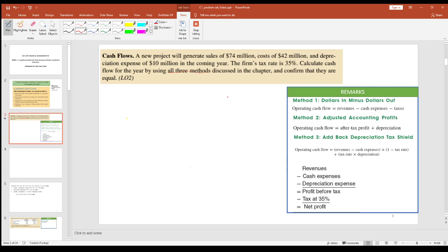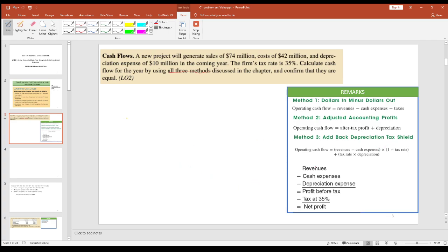From this problem, a couple of remarks need to be remembered. By all three methods, the methods that we use to calculate cash flows, I mean method 1, dollars in minus dollars out; method 2, adjusted accounting profit; and method 3, add back depreciation tax shield.